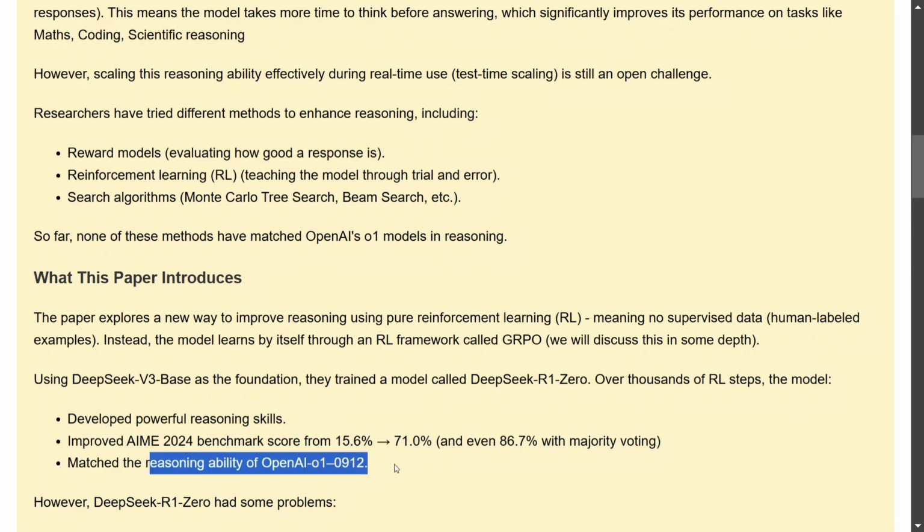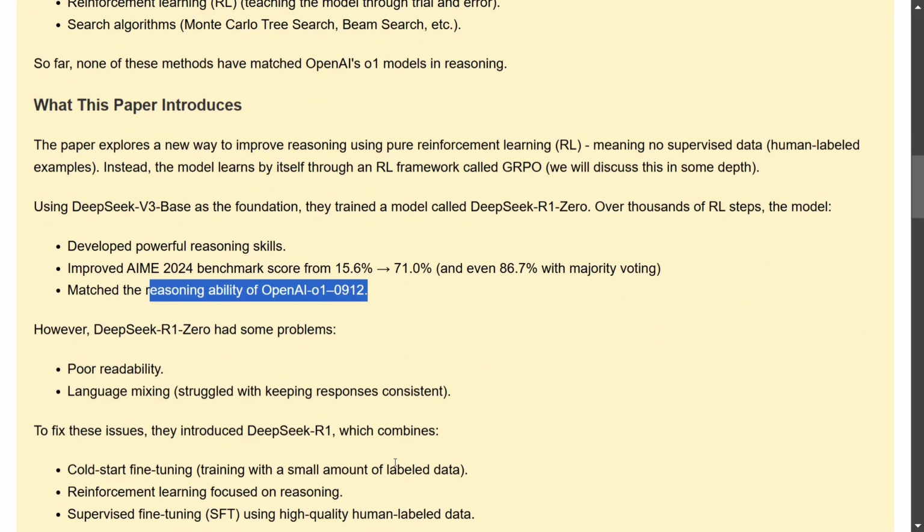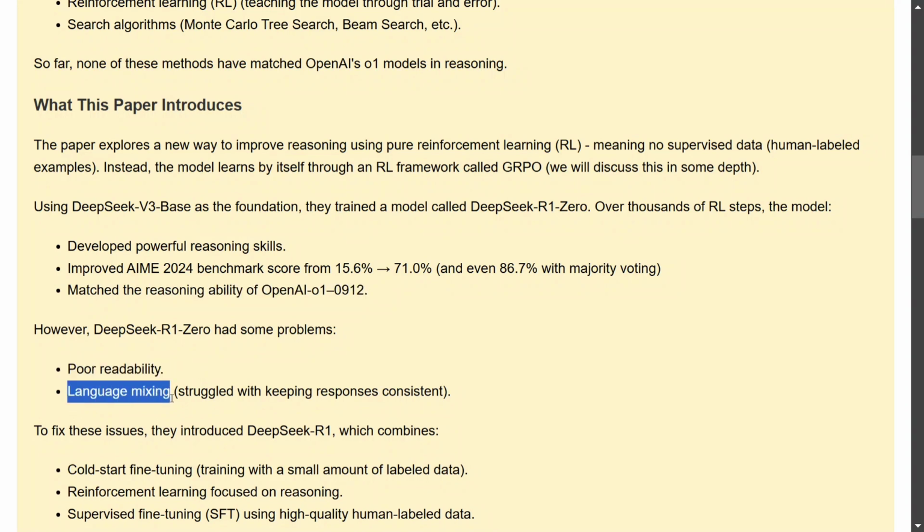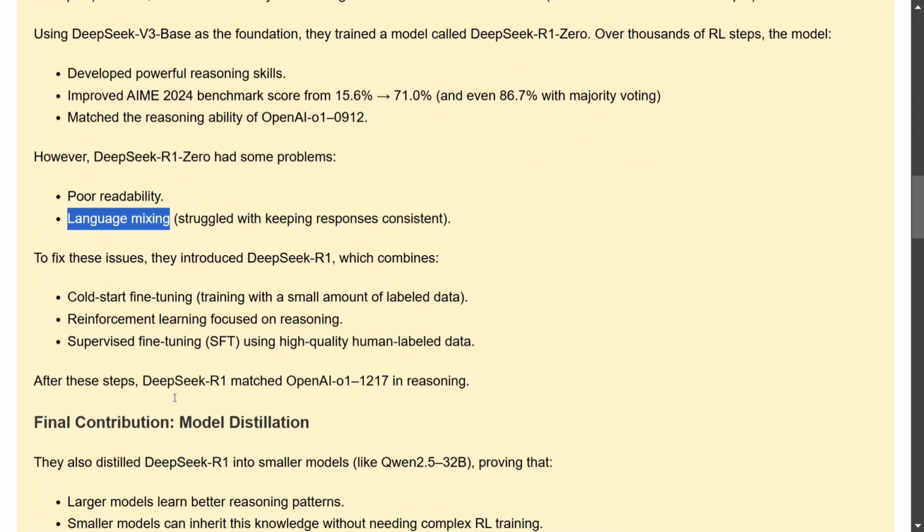So DeepSeek V3 has been improved using reinforcement learning to generate DeepSeek R1 Zero. Now, DeepSeek R1 Zero, the raw version of DeepSeek R1, has a couple of issues, that is poor readability and language mixing. So it is at times outputting Chinese and then giving English answers. To fix this issue, they got a new model called DeepSeek R1 using DeepSeek R1 Zero.